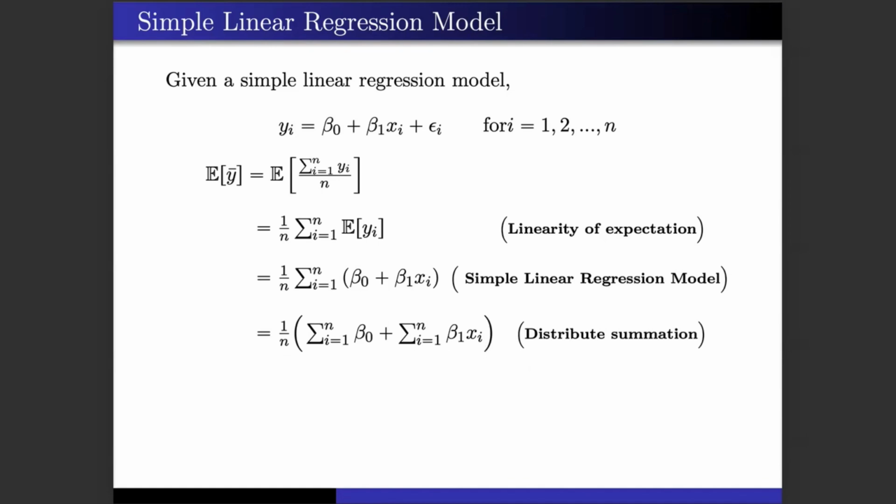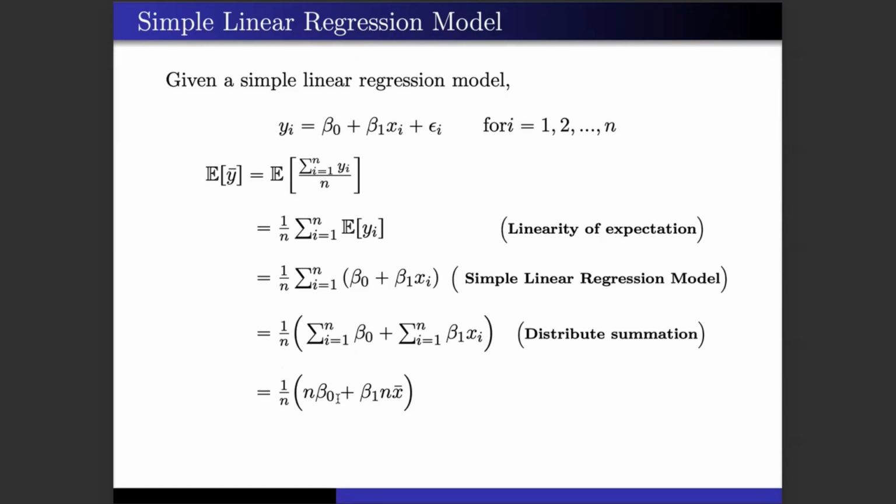Now, we know that beta naught is a fixed quantity. Therefore, summation beta naught, the first term, would be n beta naught. And for the second term, we know that beta 1 is a fixed quantity. We pull it out of the summation sign, and summation xi is n x bar. Therefore, this fourth line, which is 1 divided by n, summation beta naught plus summation beta 1 xi, can be simplified further to 1 divided by n.